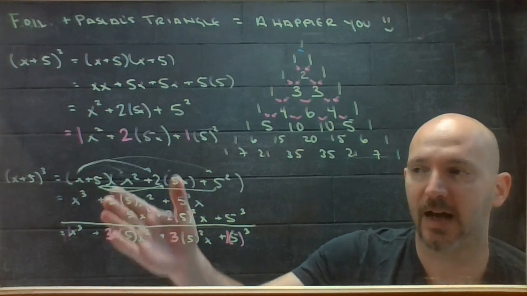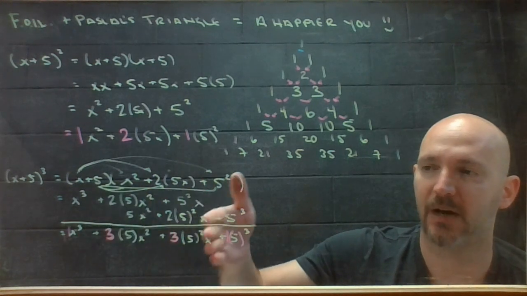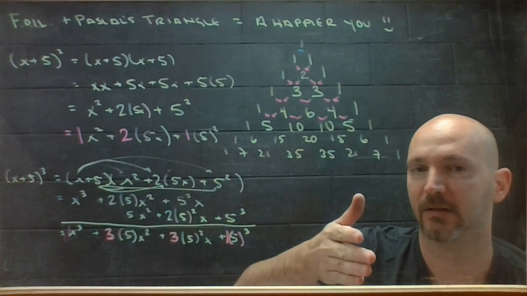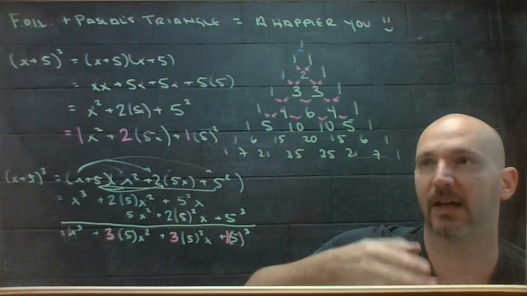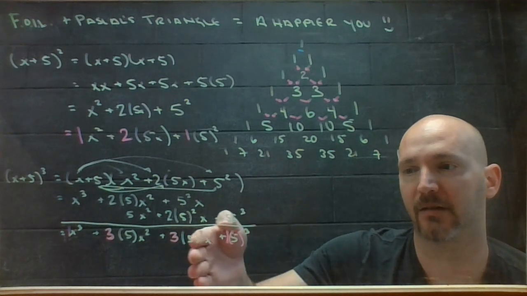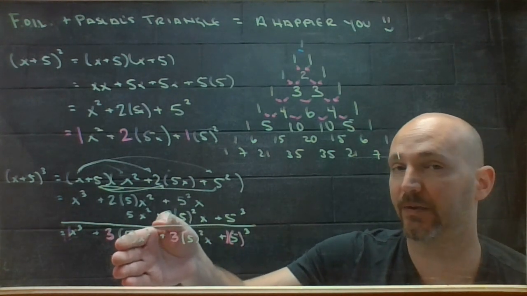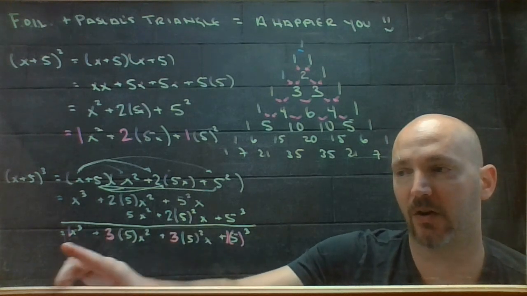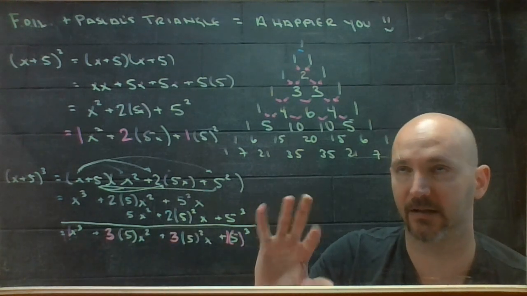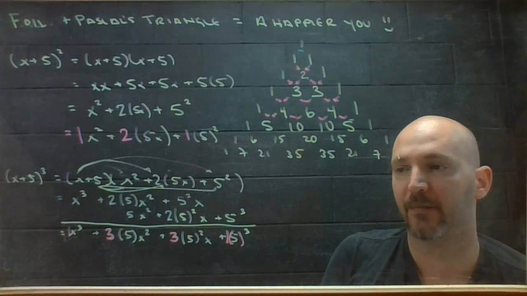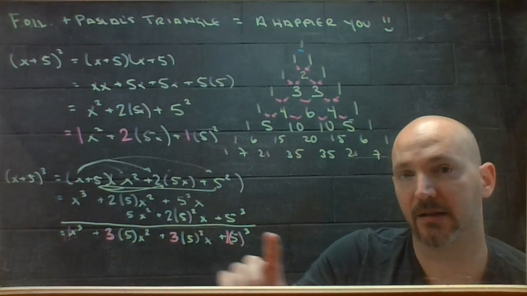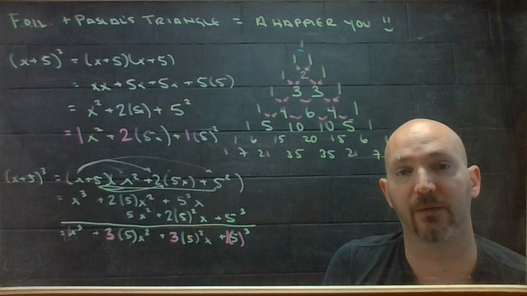So if you were to have a list of descending powers of x from left to right, and a descending power of the number from right to left, you would have generated all the possible combinations of x and 5. And then you just need to tack the Pascal's triangle number in front.